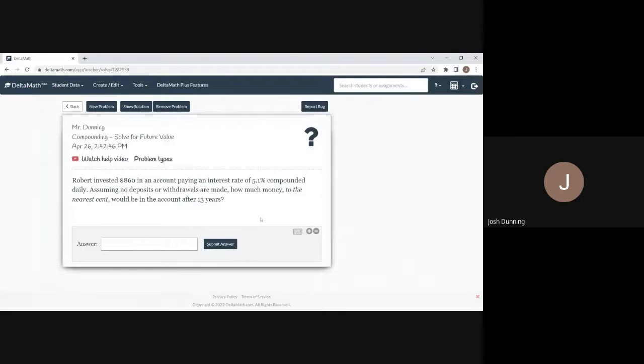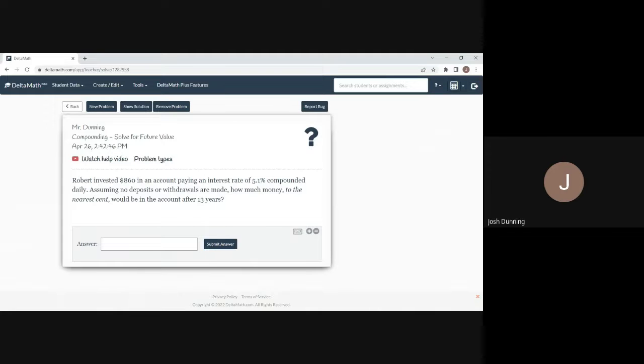All right, Robert. This time I'm not writing it out here. Robert invested 860, so that's what goes in first. 860 parentheses 1 plus 0.051 on top of the fraction there, all over compounded daily.